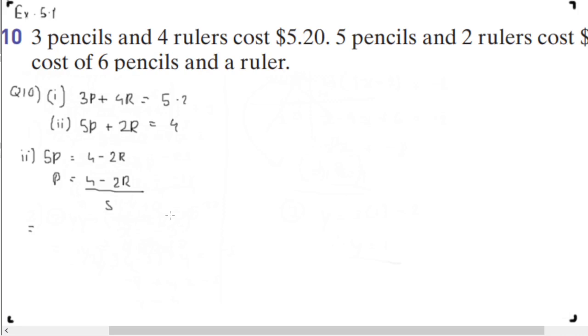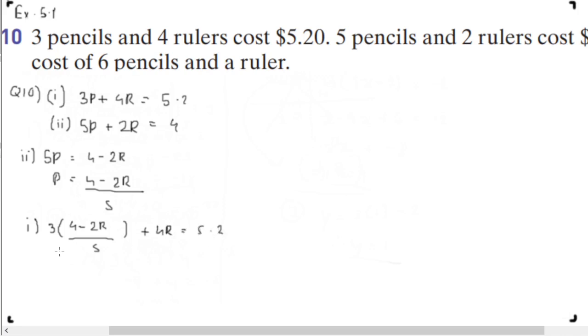So if we plug this p-value, the pencil value, back in here, we have 3 times 4 minus 2r over 5, plus 4r is equal to 5.2.